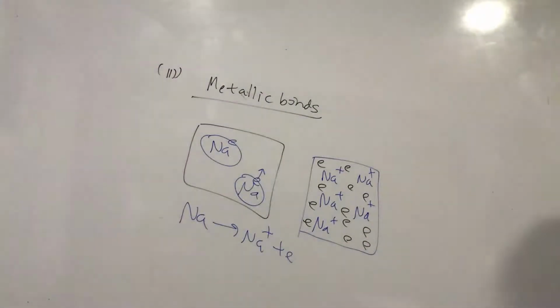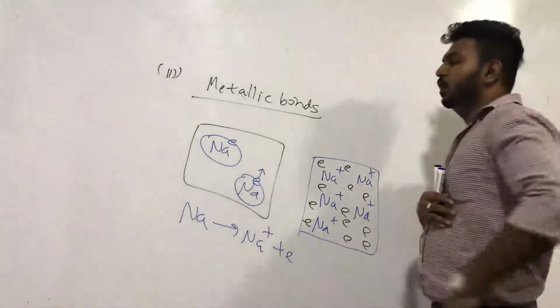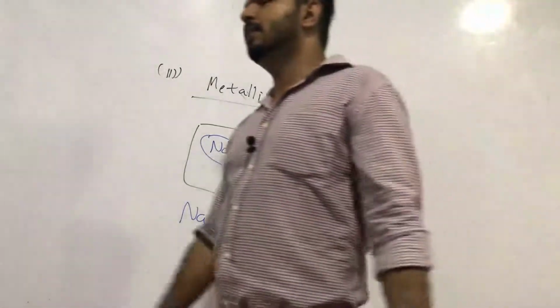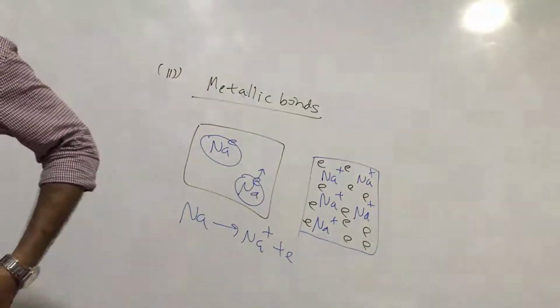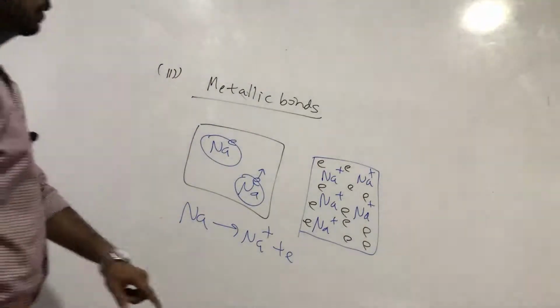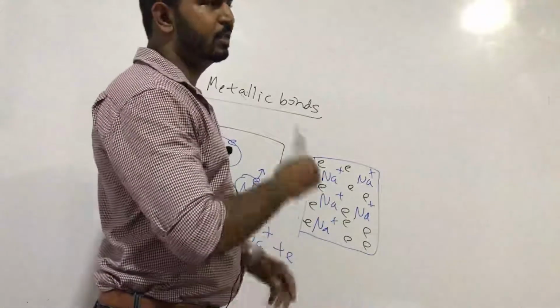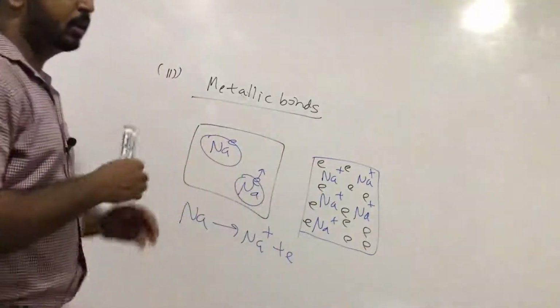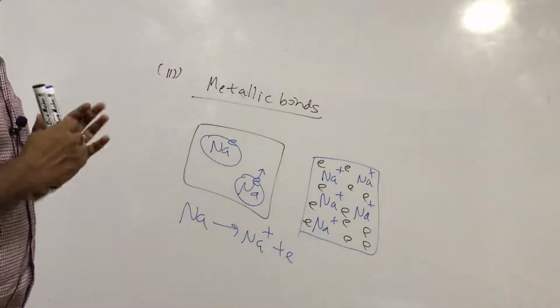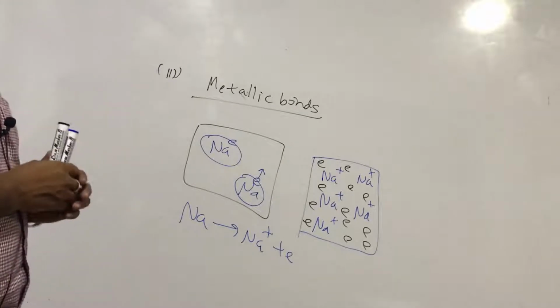So if we consider any metal, we can observe that there is a pool of electrons inside the metal, and there are a lot of cations inside this pool. Since there are positive and negative ions, electrostatic forces are formed there.